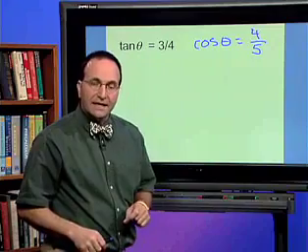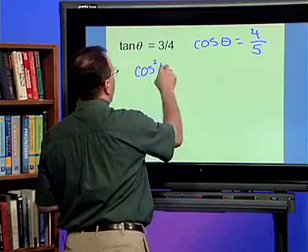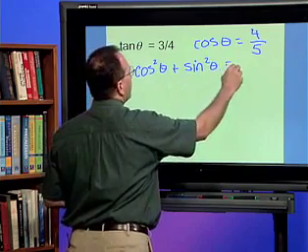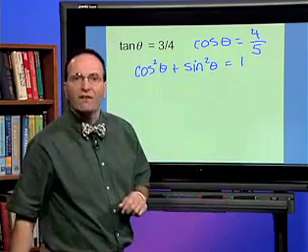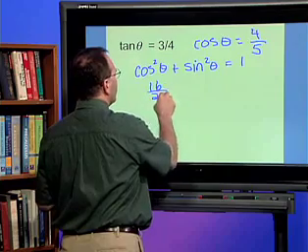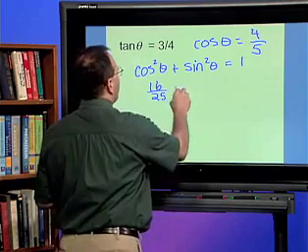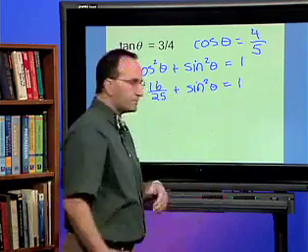Using the Pythagorean identities again, I can say that cosine squared theta plus sine squared theta is equal to 1. But we know that the cosine theta is 4/5. We have to square that, which makes it 16/25, right? And then we have plus sine squared theta equals 1.